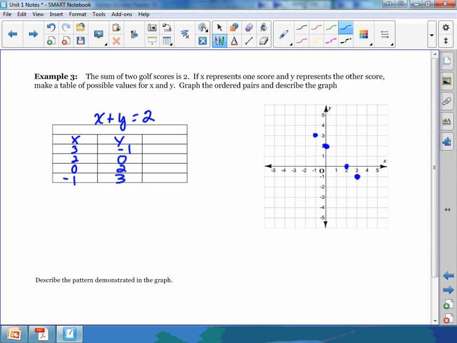Now, if you describe what you see here, there is one major keyword, and that word is linear. When we say that points are linear, that means that they can be connected with a line. And this equation that we wrote confirms that these would, in fact, be linear points, creating a linear equation.